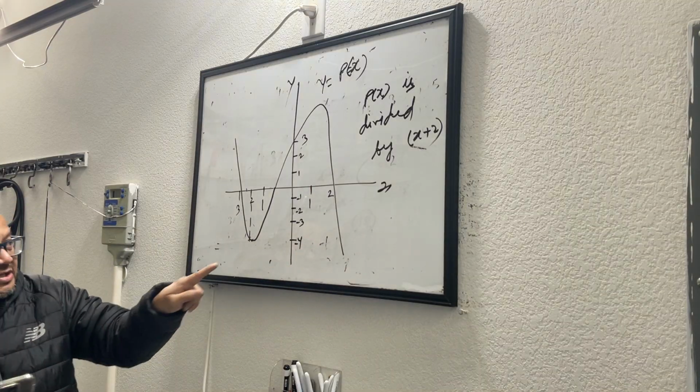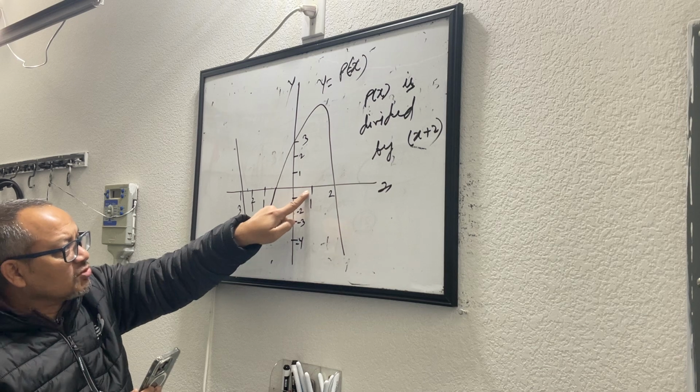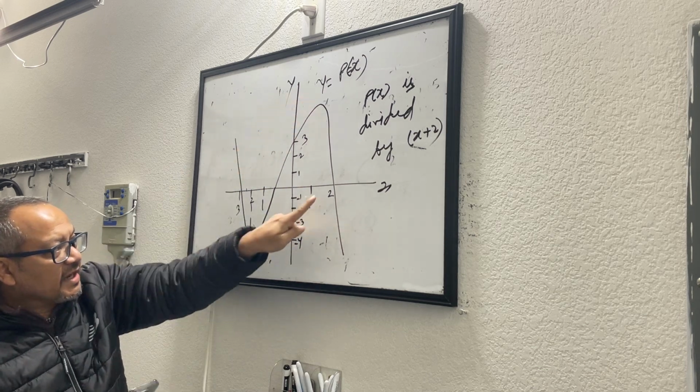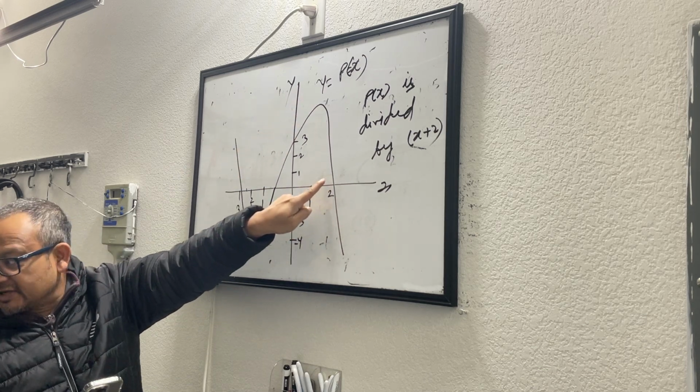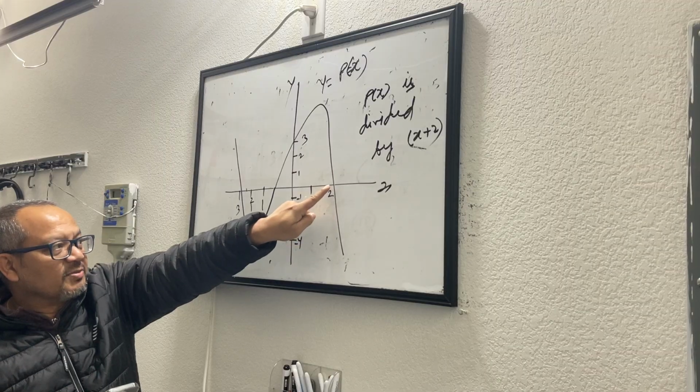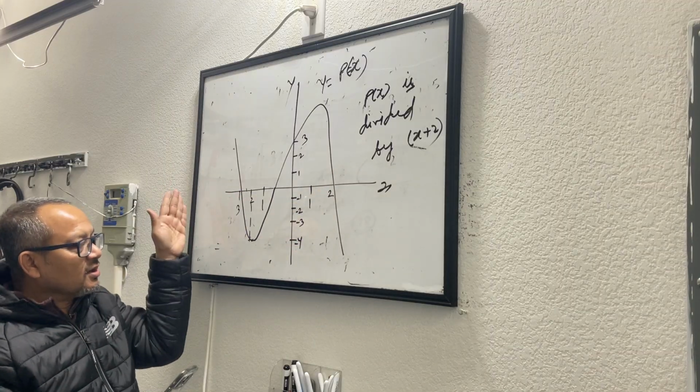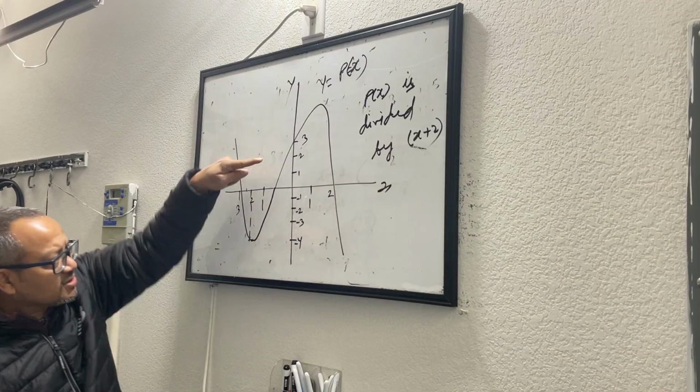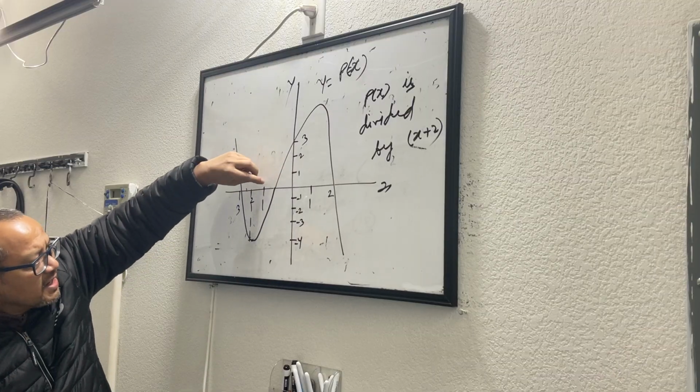And I'm just noticing that at x equal to 1, it has a peak. At x equal to 2, it meets the x-axis, meaning the y value becomes 0. If I go on this side, it is crossing the x-axis between 0 and minus 1.